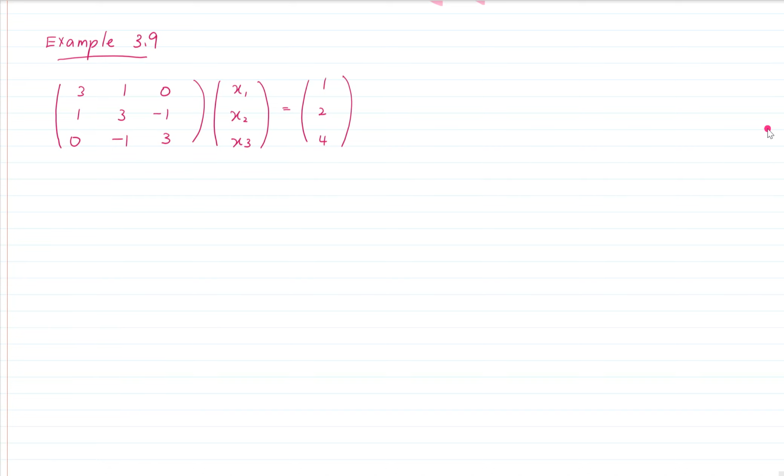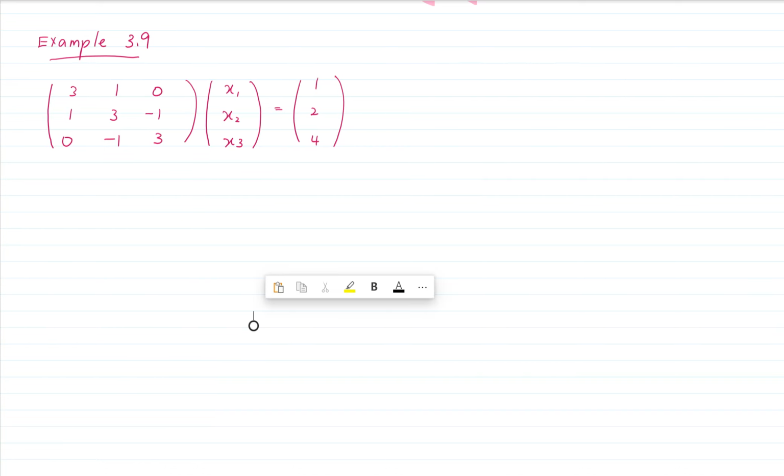So we have this set of linear equations. Now the first step is step 1, A equals LU.